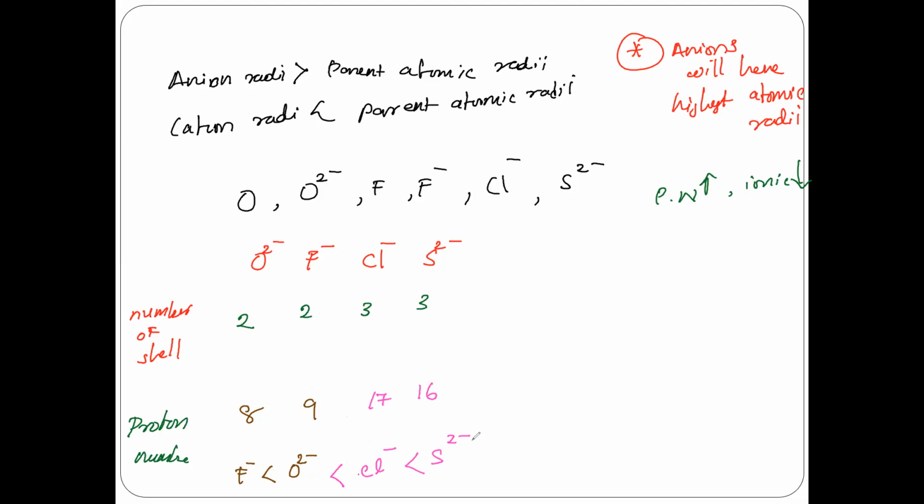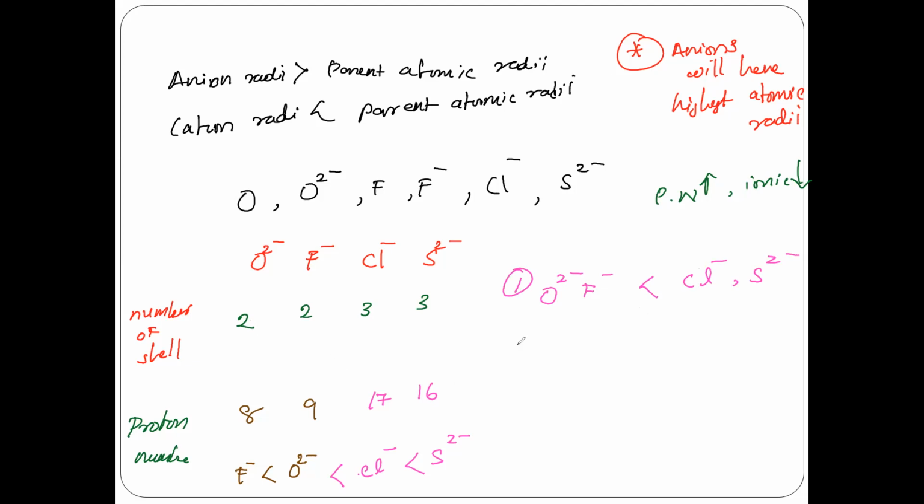So the first thing is you have to go for the number of shells. As the number of shells increases, the atomic radii will increase. So O2 minus and F minus are always smaller than Cl minus and S2 minus. I have found this first.